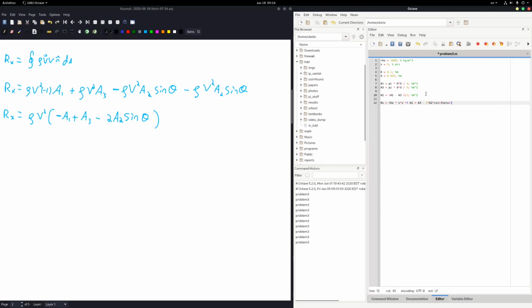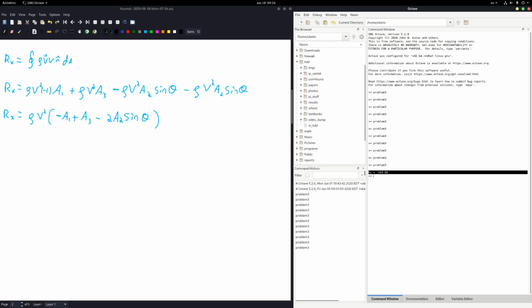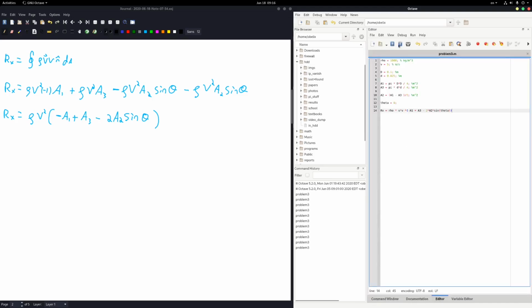What is theta? Well, theta, we can just put equal to 0. So now if I run this, we should get an output. If I go to the command window, we get Rx is equal to minus 1.84. This would be in newtons, again, because we're working all here in standard units.